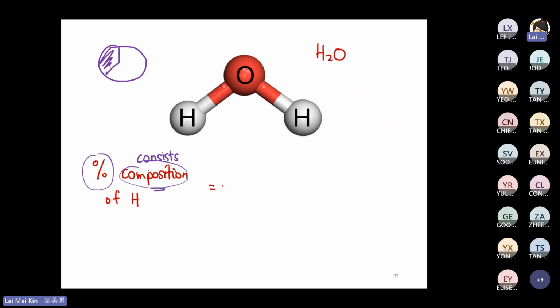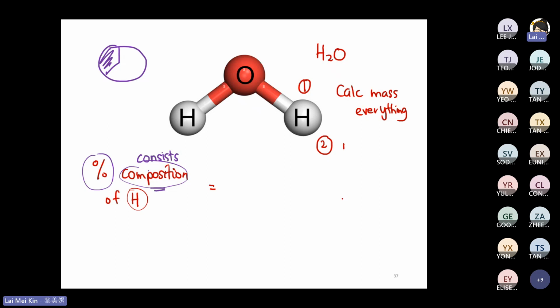So how do you go around this? If I want to know how much hydrogen there is, how do you calculate? Calculate the mass of each atom of everything. I want to know hydrogen.